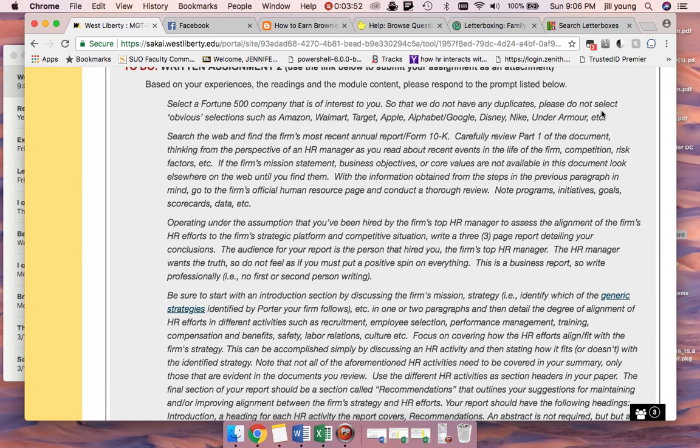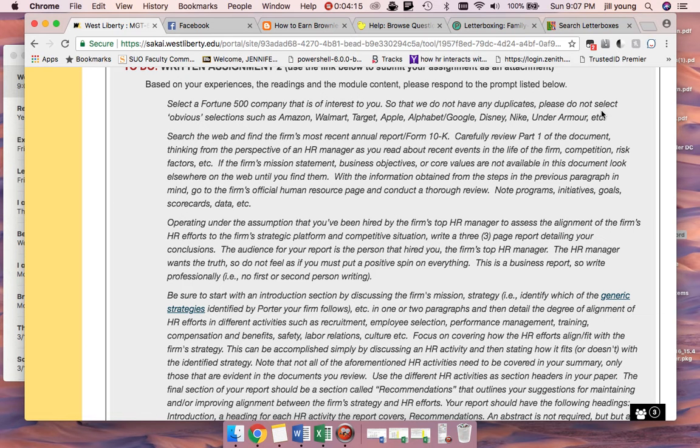You're going to look at the annual report. And then you're going to play the role, put on an HR manager hat. As you read about the company, you're going to read the mission statement, business objectives, the core values.